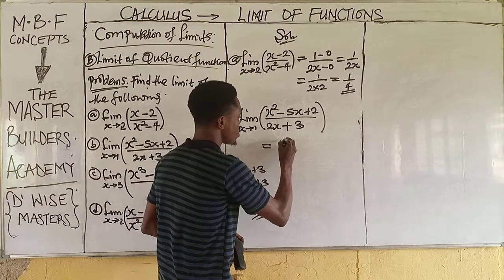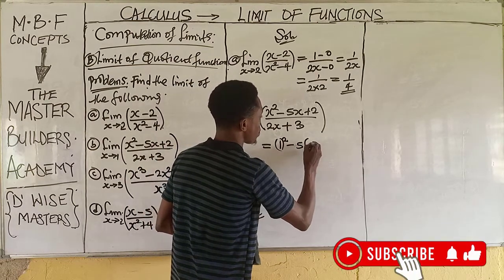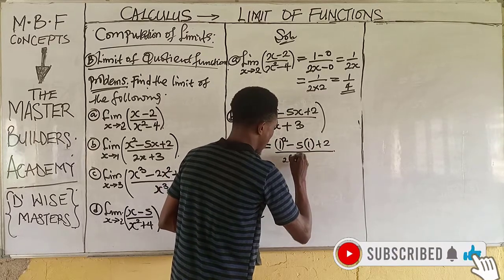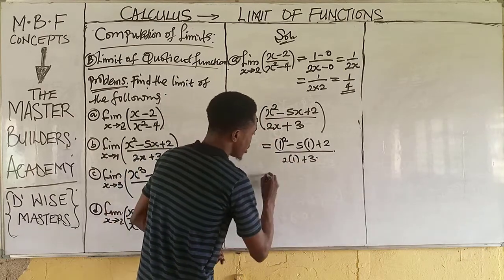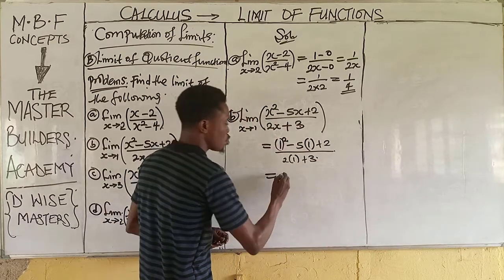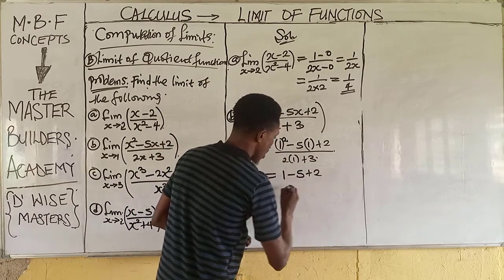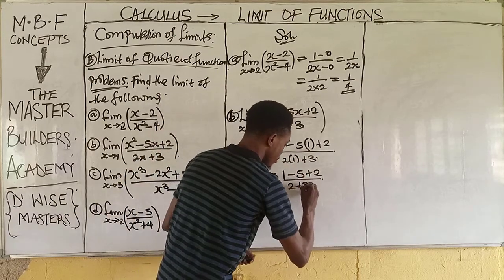So we have 1 squared minus 5 multiplied by 1 plus 2 all over 2 multiplied by 1 plus 3. If we simplify, 1 raised to the power of 2 is 1, 5 multiplied by 1 is 5, plus 2, all over 2 multiplied by 1 and the denominator is 2 plus 3.